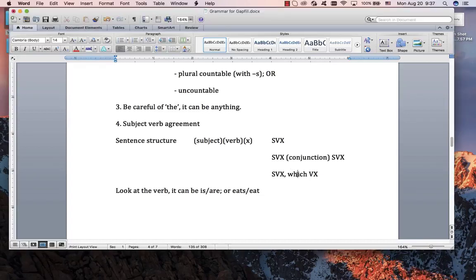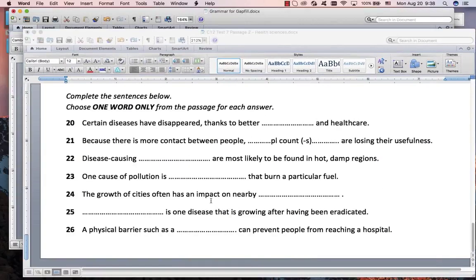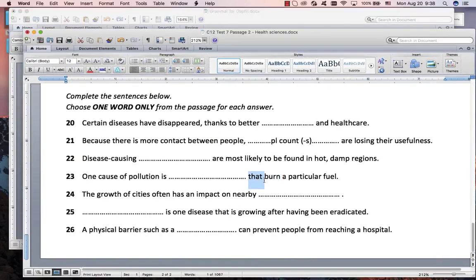This is this scenario. They used a relative pronoun, that, which, who. Then you must look at this verb, and actually this is the subject of this whole clause over here. So the grammar is slightly more complicated. Let's look at it again. There's the relative pronoun. This is actually X of this whole thing, but it's S of this whole thing.